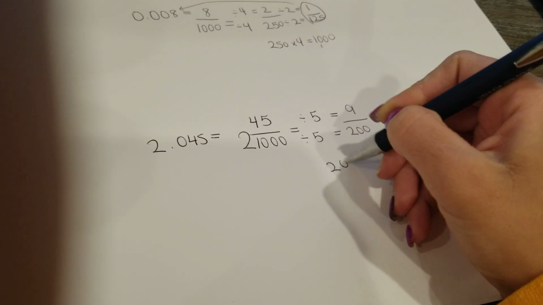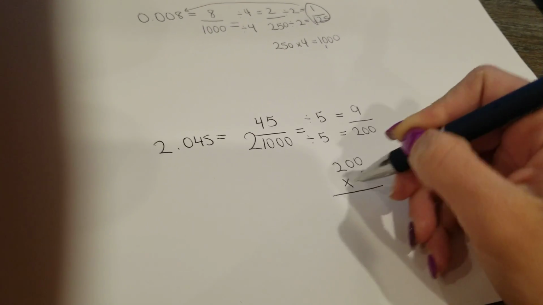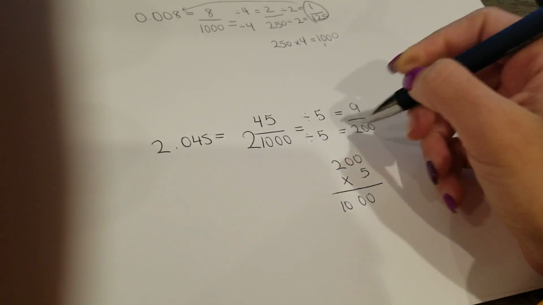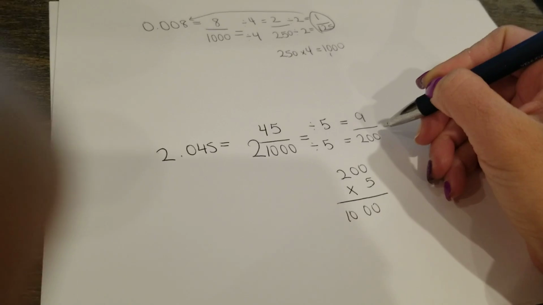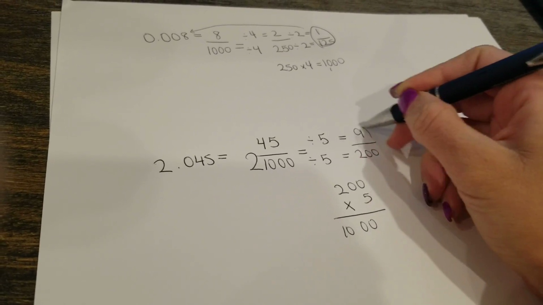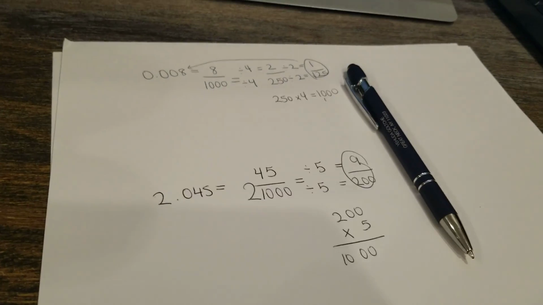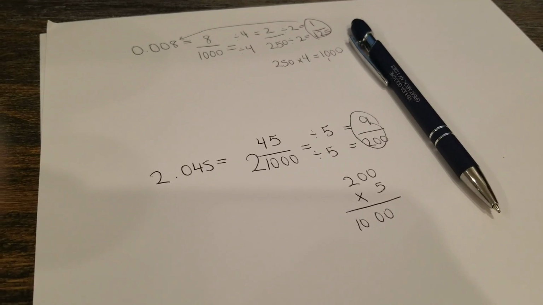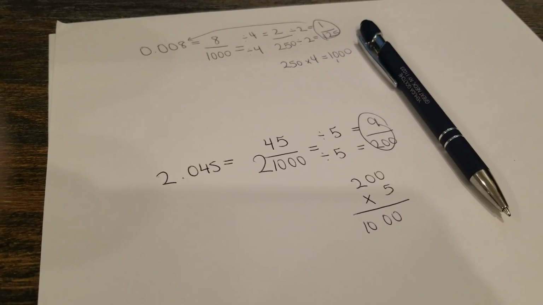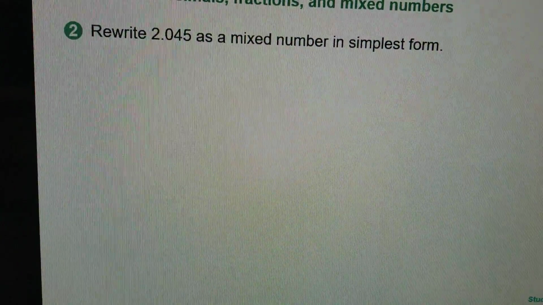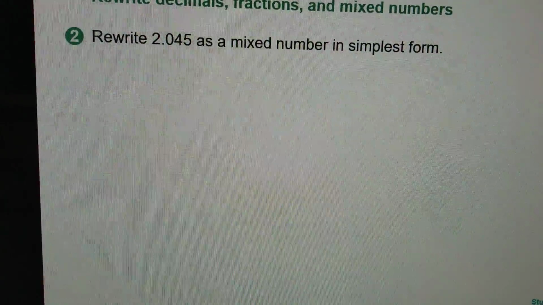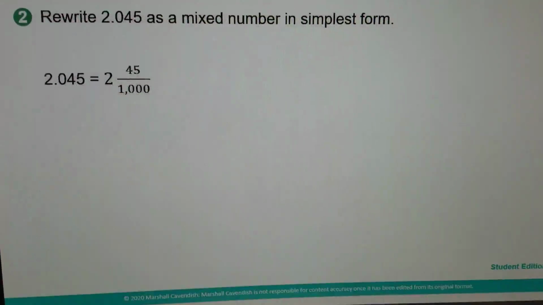I can check that: 200 times 5 is 1,000. You definitely have to be fluent with your math facts and your numbers, but that's as simple as it gets because I can't divide 200 by 3. 9 is not a prime number, but 9 can only be divided by 3, and 200 cannot be divided by 3.